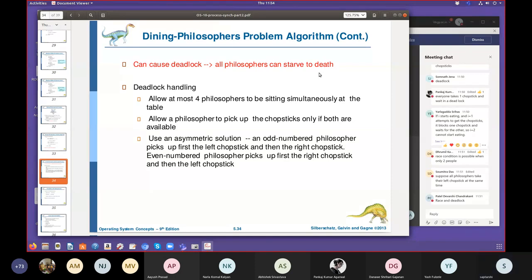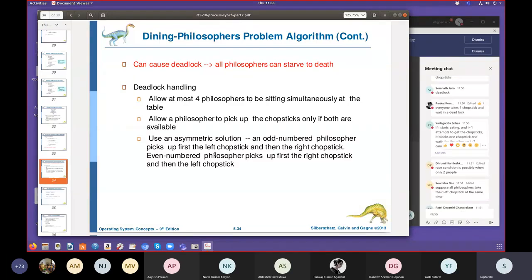Now what can be solutions? There are many possible solutions, some of which are written in this slide. You might say allow at most 4 philosophers to be sitting. So basically have one extra chopstick, so that at least one person will have 2 by pigeonhole principle. Or you might have some other constraints, like a philosopher should pick up the chopsticks only if both are available. There is no point in grabbing one, because you won't be able to do anything with one.